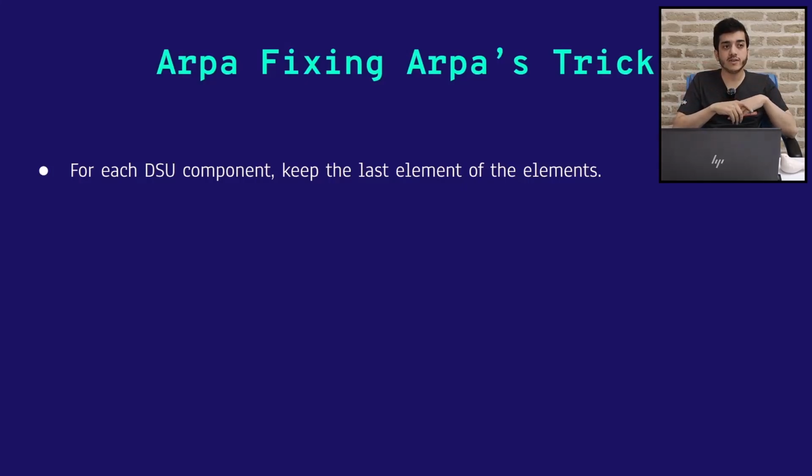So we will fix this like this. For each DSU component, we keep the rightmost element of this component too. So when we are merging two components in our DSU, first we connect the smaller to the greater.